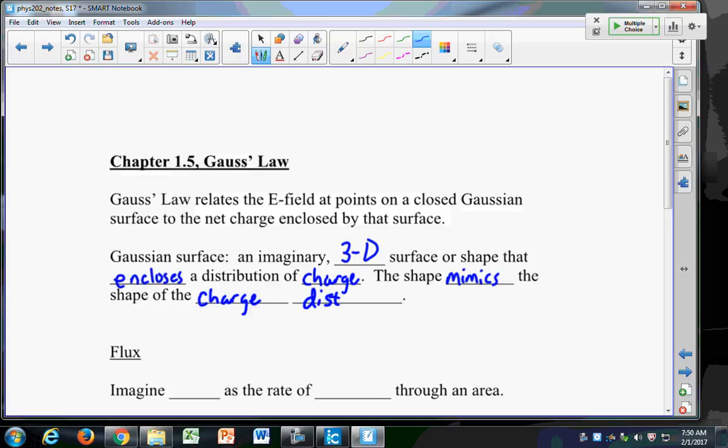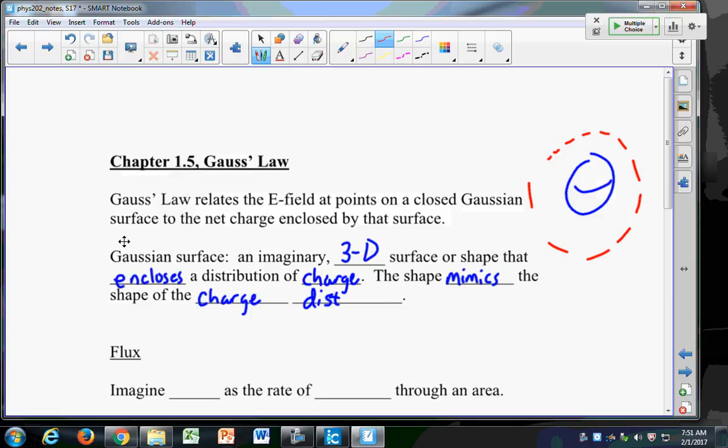This is not new, right? We saw this before. For example, we had the spherical mass. That's a sphere, not a smiley face. And so we created a Gaussian surface that was spherical.